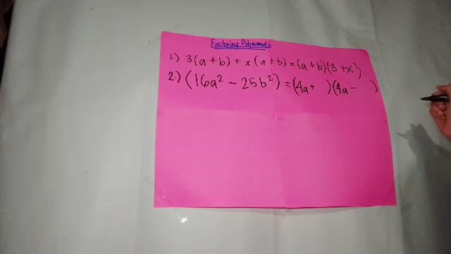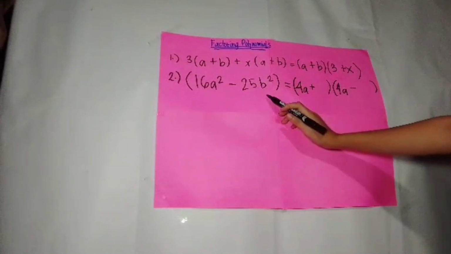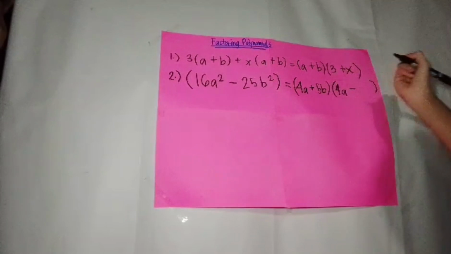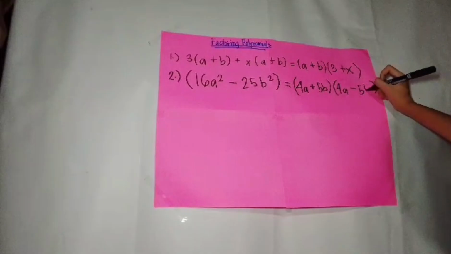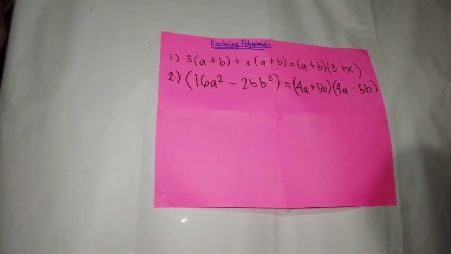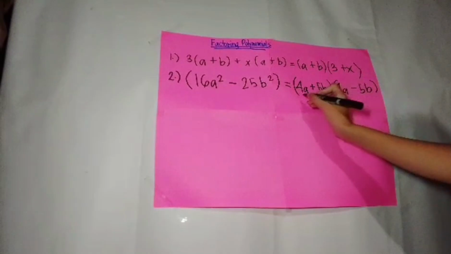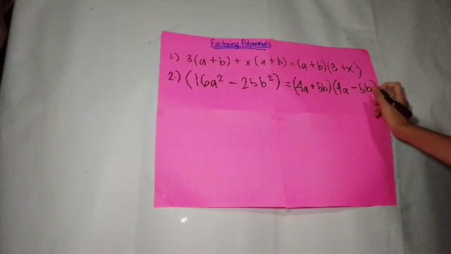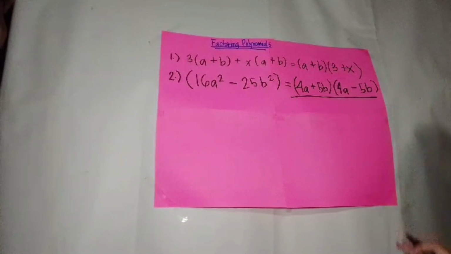Next, take the square root of the second term, which is 25b squared, 5b and 5b. So our answer is 4a plus 5b and 4a minus 5b. This is our answer for our second given number.